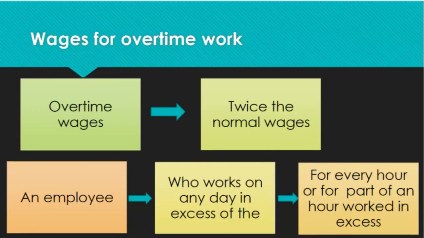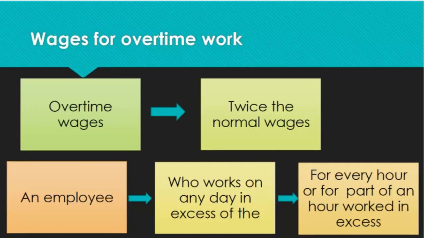Okay, and for the overtime hours or overtime days that the employee works, he will be entitled for a wage which is twice the normal wage rate. So your overtime wages is double your normal wages. Okay, so this is also fixed under minimum wages.